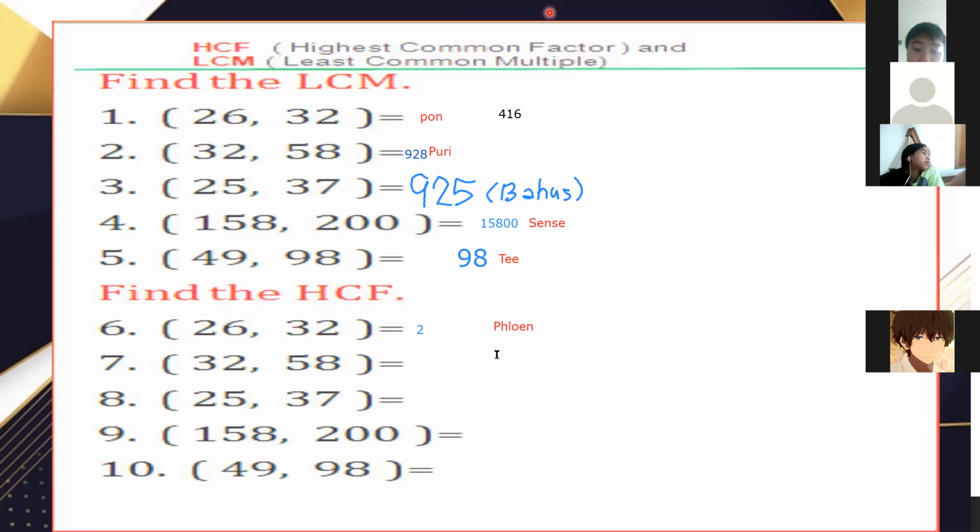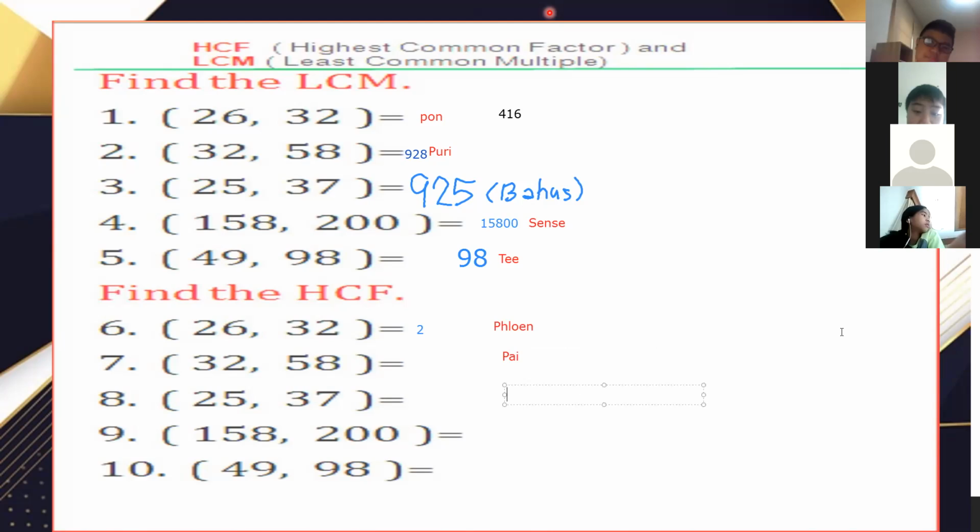Who is this? Number 7, pi. Number 8 is gam.